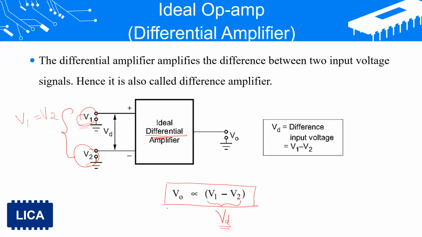Then V0 equals AD times V1 minus V2. Since both voltages are equal, V1 minus V1 or V2 minus V2 is 0. So V0 equals 0 in common mode. In common mode, both the voltages are equal, so we will get the output voltage as 0.